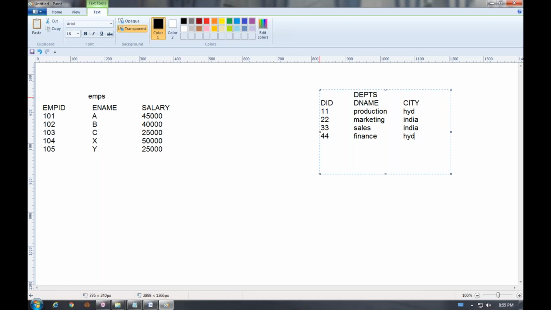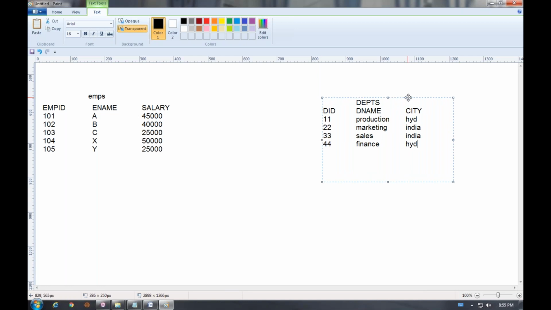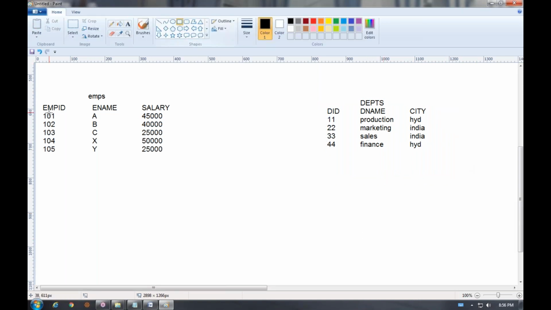Listen carefully, all of you, the most important concept for RDBMS. Everyone has to know this information. What are the objects you are considering here? Employees, and another table is departments.